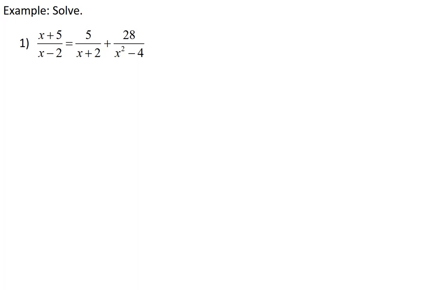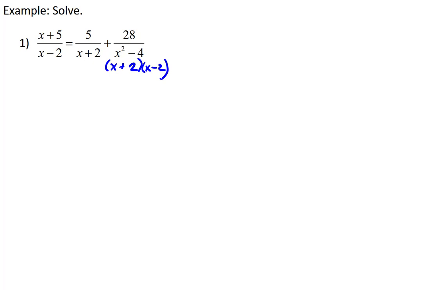But in this case, notice the denominators of these fractions are polynomials, and in that case, we may have to factor some of these in order to find the LCD. And as you can see, one of the denominators, the last one, which reads x squared minus 4, is factorable. So we should start by factoring that. I'm just going to write the factored form of it right underneath. So x squared minus 4 would factor into x plus 2 times x minus 2. That's just a difference of two squares.